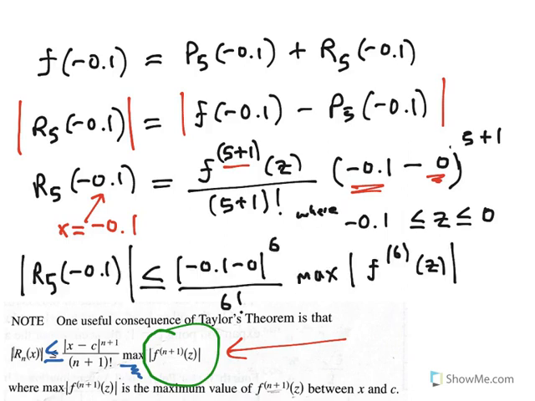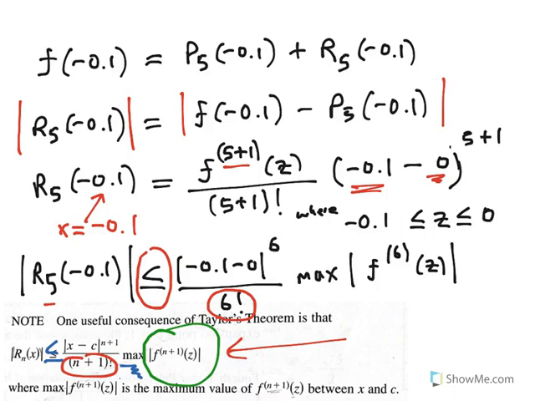So when we do that, this is what we have. The error is going to have an upper bound, and this is going to be the upper bound for the error. So we have n plus 1 factorial. 5 plus 1 is 6, so we have 6 factorial. And then the absolute value of x minus c to the n plus 1 power. So we have x is negative 0.1 and c is 0.